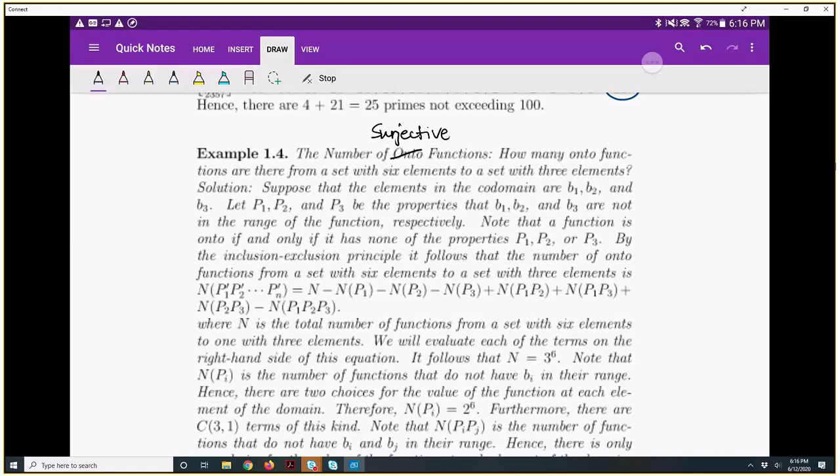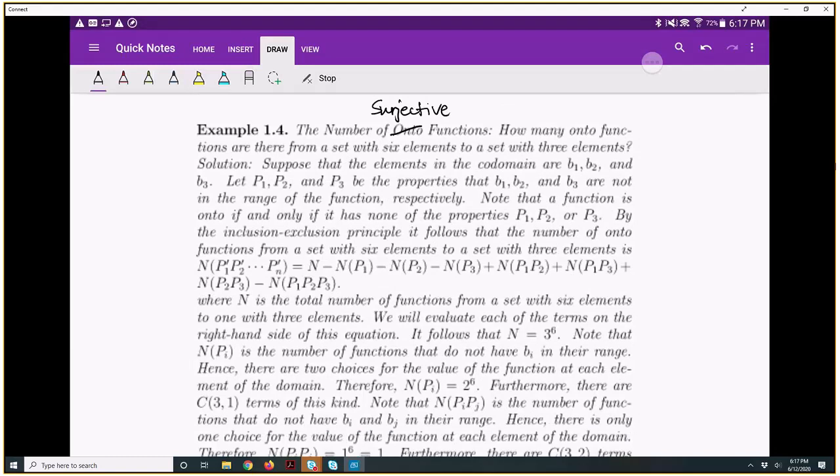We want to eliminate all of the possibilities where one or more of these elements are not in the range, and by doing so, we ensure that our function is surjective. Note that a function is onto if and only if it has none of the properties P1, P2, or P3. That's what I just said.